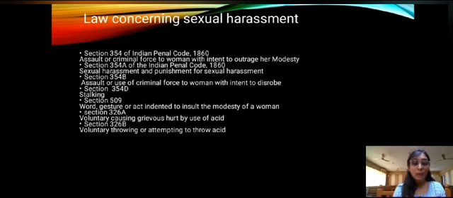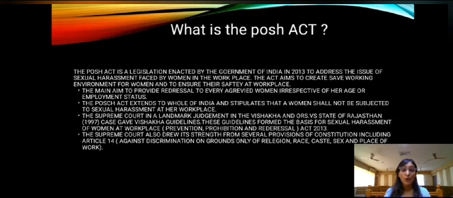Section 354B talks about assault or use of criminal force to a woman with the intent to disrobe, and Section 354D talks about stalking. These are some laws which talk about what sexual harassment is and the punishment given to a person who commits such acts, which according to our law is illegal.